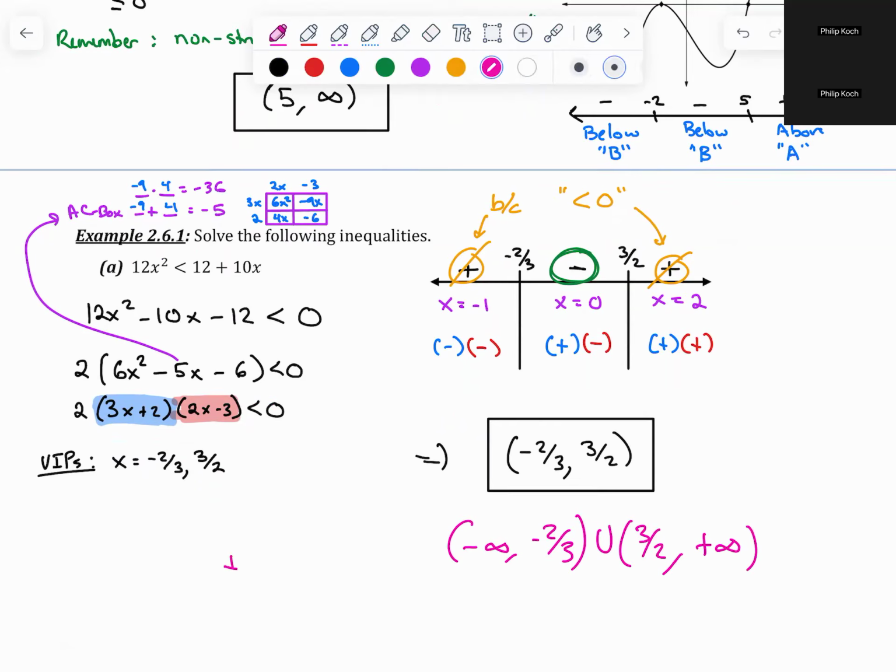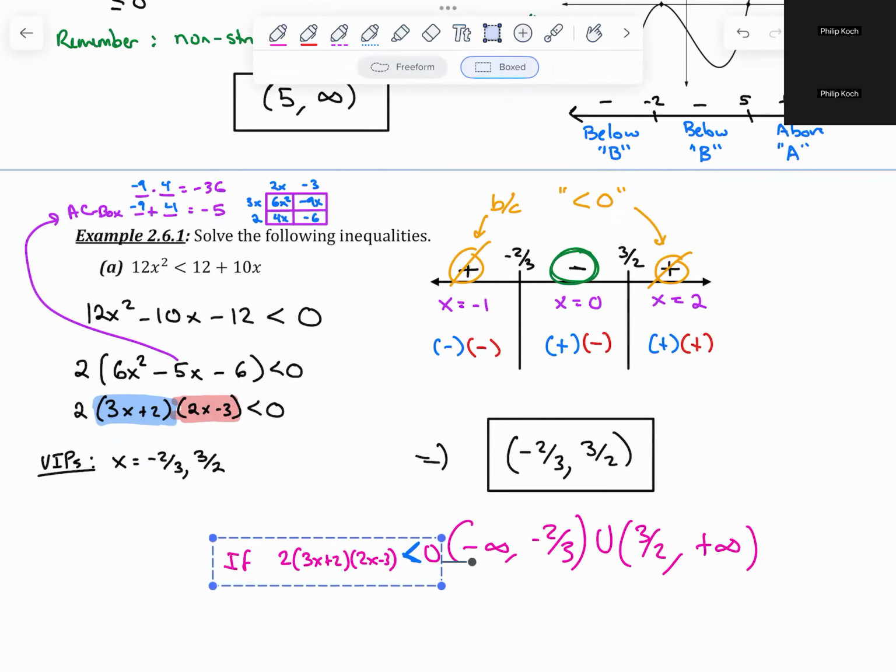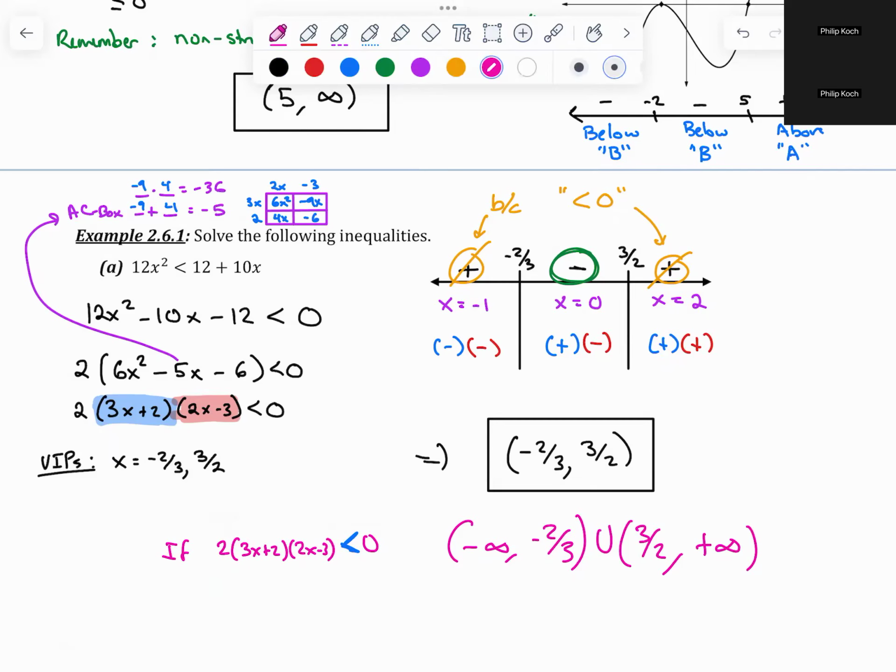If 2 times 3x plus 2 times 2x minus 3 less than 0, if that was the question, then that would be the answer. So the point being is that the direction of the inequality decides what the answer should be.